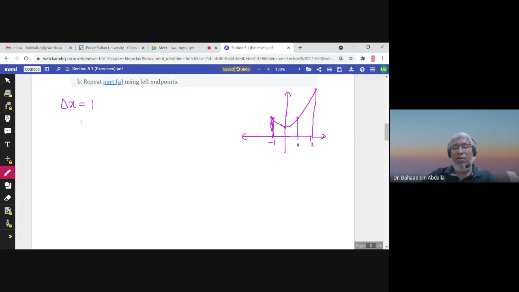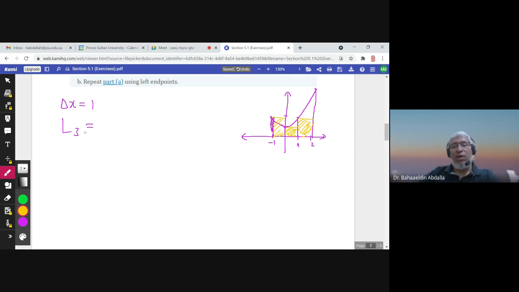But now I will have L3, not R3, because I will use the left end points to construct the rectangles. So the first rectangle would be this one. The second rectangle would be this one. And the third rectangle would be this one. Okay, so we are using the left end points.